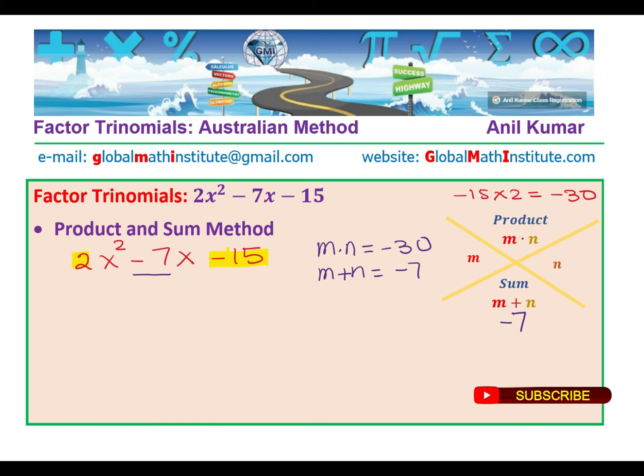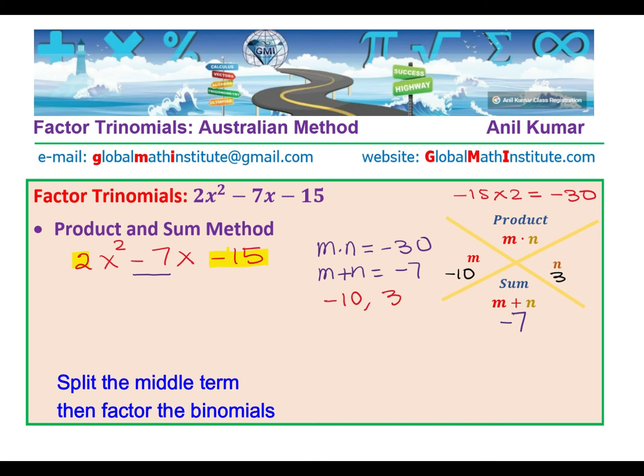The two numbers that satisfy the condition are minus 10 and plus 3, correct? So let m be minus 10 and n be 3. In all our examples, we'll take the bigger number as m and the smaller as n, right? So we get our product and sum combination.